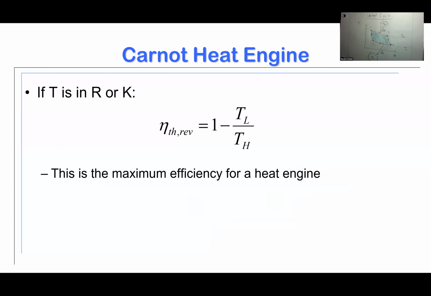Okay, so if T is in Rankine or Kelvin, the maximum efficiency for any heat engine is set by this limit. That's what we call the thermal efficiency, if the device is reversible, is based on this limit, 1 minus TL over TH. And I think I've already said this before.